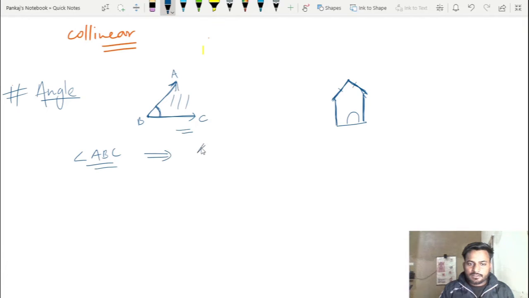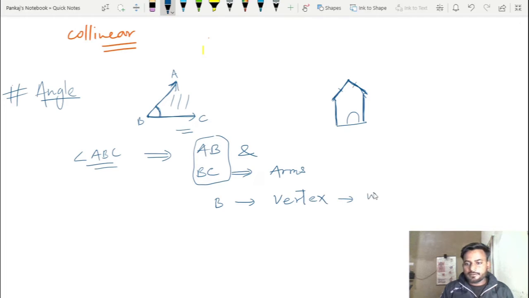For this, AB and BC are arms, and B is the vertex. What is the vertex? Where both lines meet, meaning these two lines intersect at point B. So this point B is called the vertex of this angle, where the lines intersect.